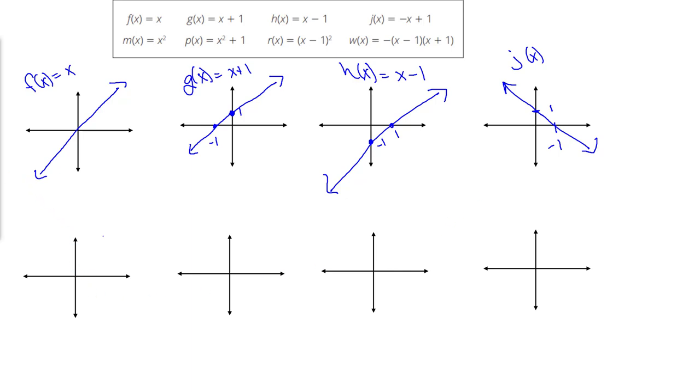So now let's look at the next one. M of x is x squared. So that means it goes through the origin. It's going to curve both sides. Where does the p of x go through? What is the y-intercept on p of x? It's 1. It's always this number back here, and then it's going to curve out.